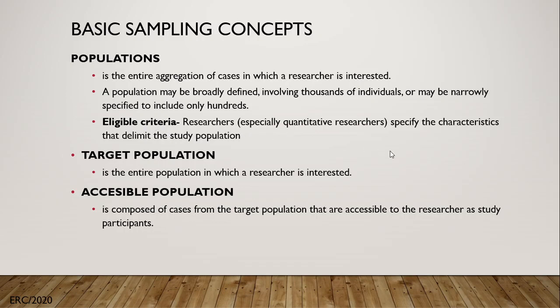Okay, for instance, if a researcher were studying American nurses with doctoral degrees, the population could be defined as all US citizens who are registered nurses and who have acquired a PhD or Doctor of Nursing or other doctoral level degree.